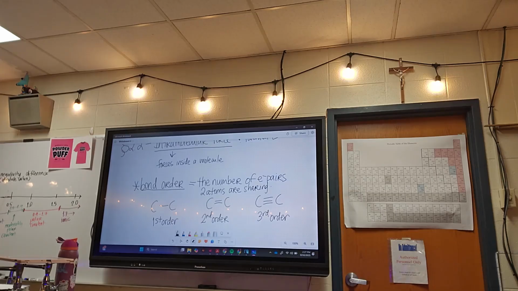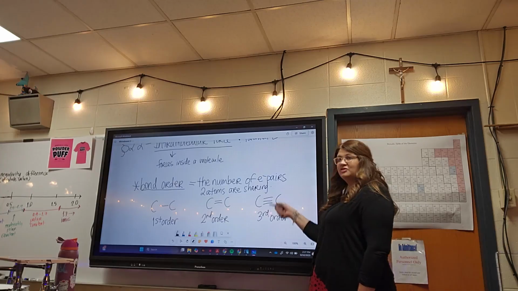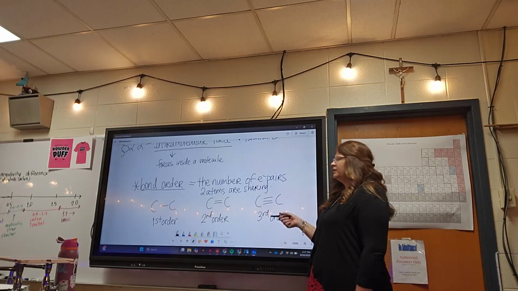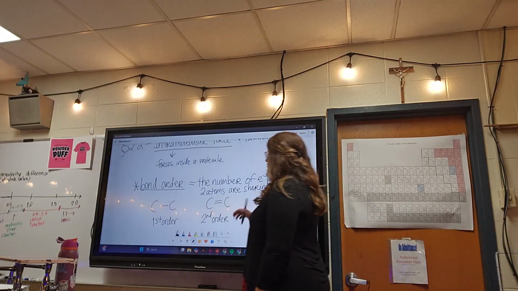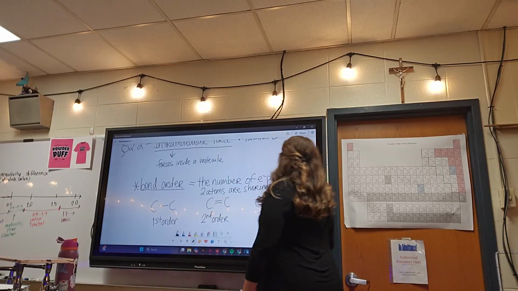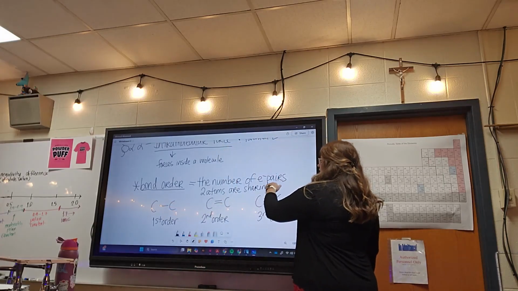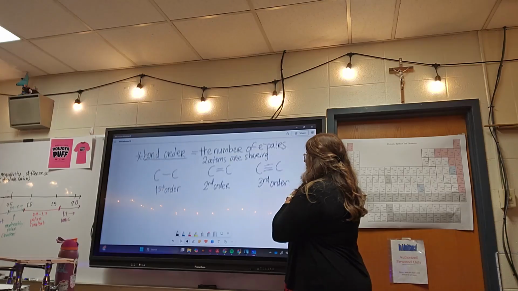So how do you know what the bond order is? You have to draw yourself a Lewis dot structure so that you can know how much electron sharing is taking place. So remember that when you're drawing a Lewis dot structure, 1 line equals 2 electrons. In other words, an electron pair. Okay, so that's your bond order.